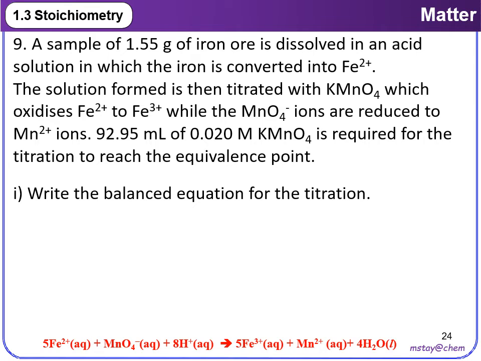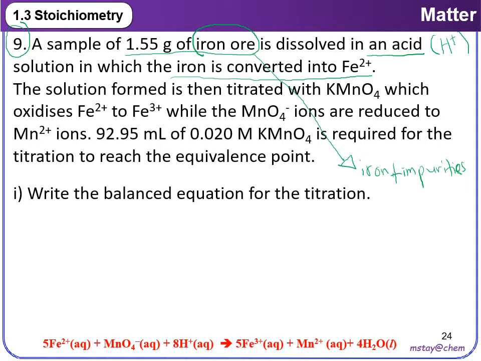Okay, now let's proceed to question number 9. A sample of 1.55 gram of iron ore. So what is inside the iron ore? Basically it will contain iron plus impurities and other substances. Dissolved in an acid, the symbol for acid is H+, in which the solution will be converted to Fe2+.